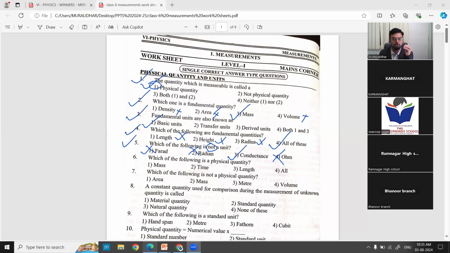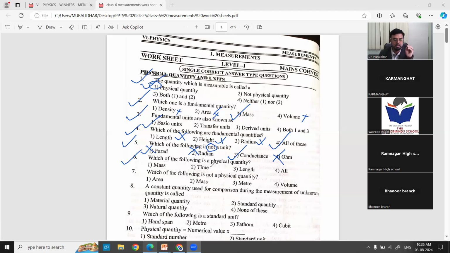Plane angle is measured by radian. Ohm is the unit of resistance. Only conductance is a property, not a unit. He is asking for not a unit, so the answer is third. Fifth one answer is 3.